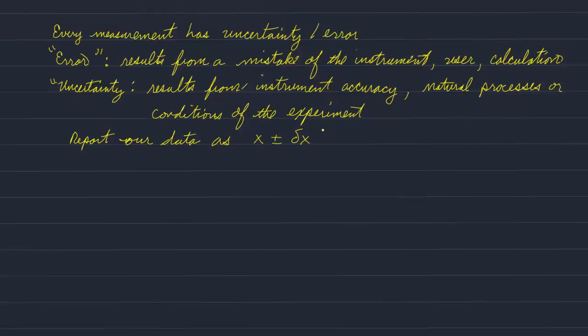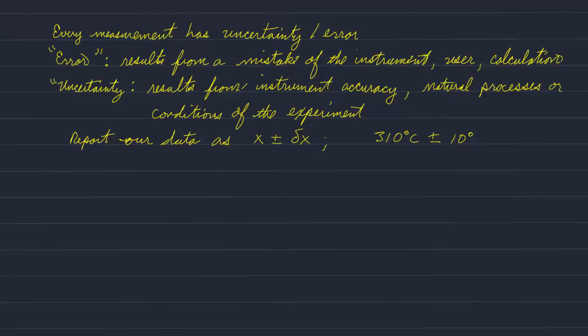Those are our errors or uncertainties. For example, if we make a measurement of temperature, say we measure 310 degrees, we would report it as 310 degrees plus or minus the uncertainty or error. And I'll just say 10 degrees, for example.